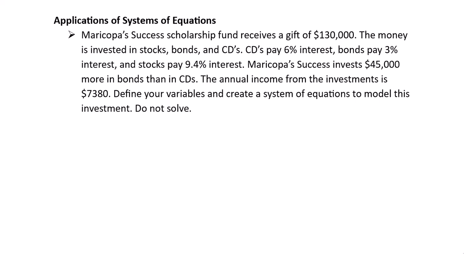Do not solve. We've spent a lot of time solving these systems. You can do that. The really intimidating part of this is to come up with a system based on this word problem. So the first thing that we're instructed to do is to define our variables. We definitely need to do that. So when I have my variables, I might as well make them more descriptive.